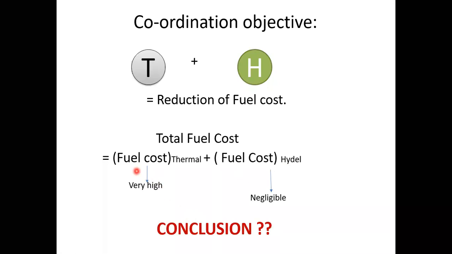We need to minimize only the fuel cost of the thermal power plant. When we are able to minimize the fuel cost of the thermal power plant, then automatically we can minimize the total fuel cost of the coordination of the two power plants. The reason is the fuel cost of the hydel is negligible or zero. Understood, everybody? So this is our conclusion.